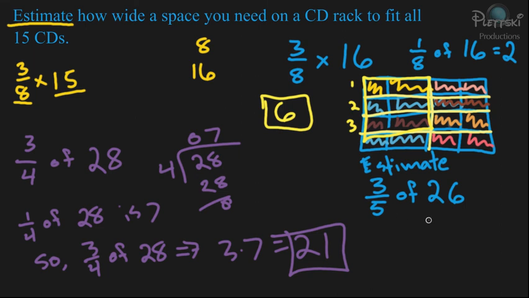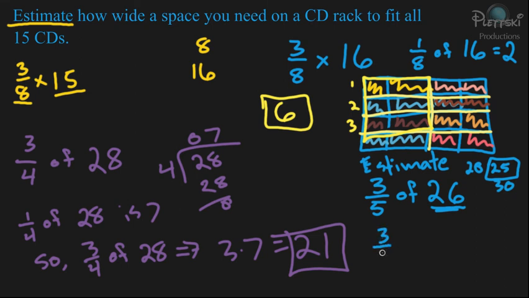Well, we want to find the closest whole number that's compatible with 5. So what's the closest multiple of 5 to 26? Well, there's a couple. You could do 20, 25, or 30. And the closest one out of those 3 would be 25. So we're going to use 25 as our whole number to estimate what 3/5 of 26 is.